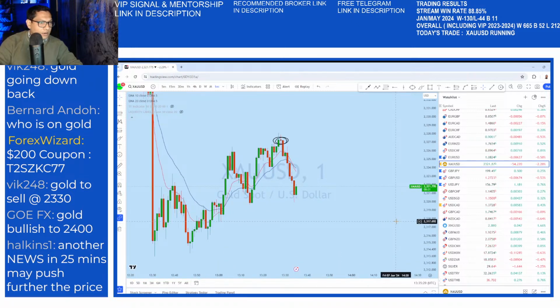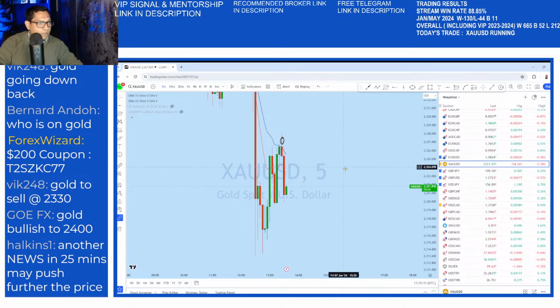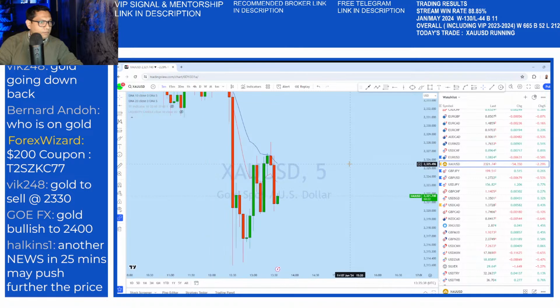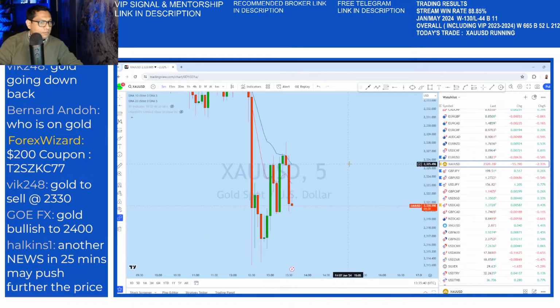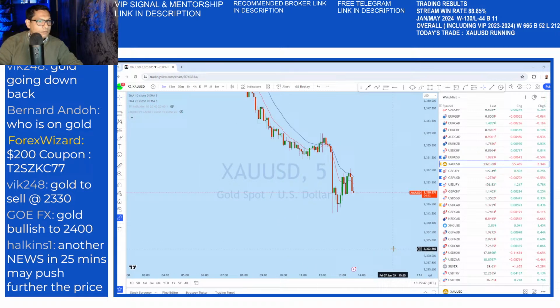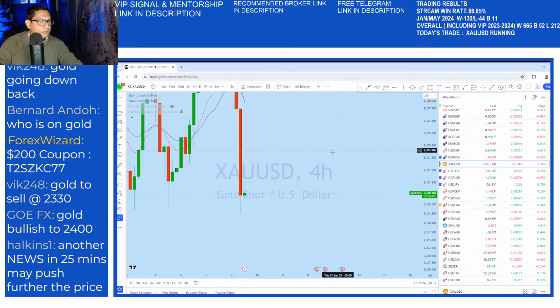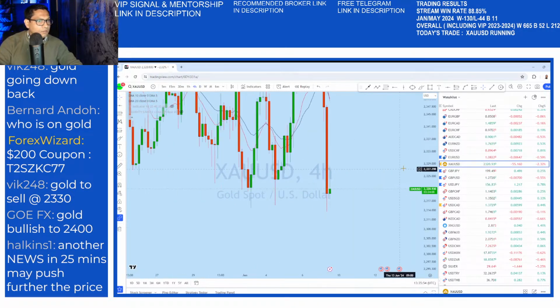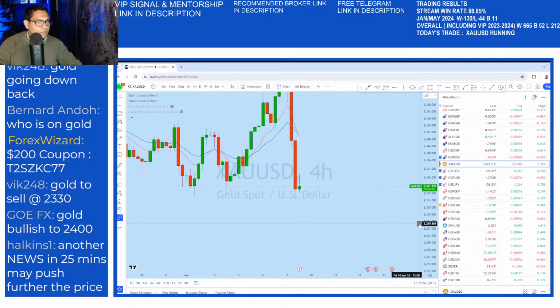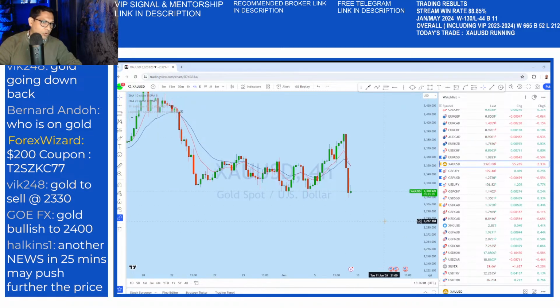So here, see what kind of price action is forming. This is a very strong breakdown on gold.